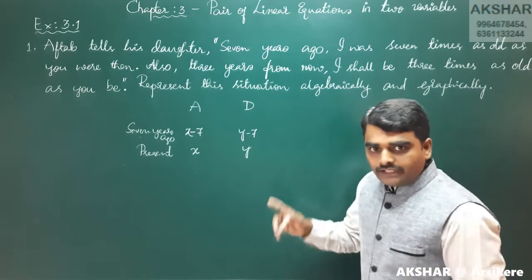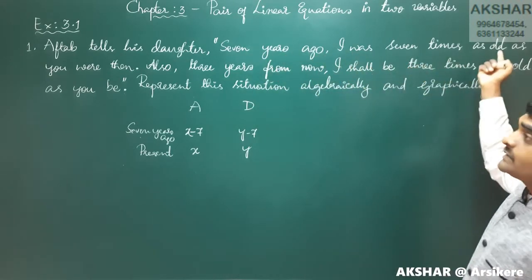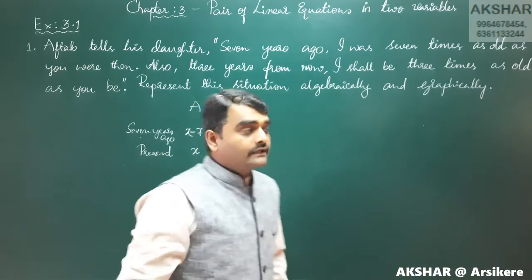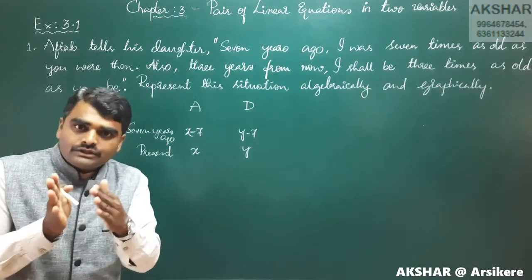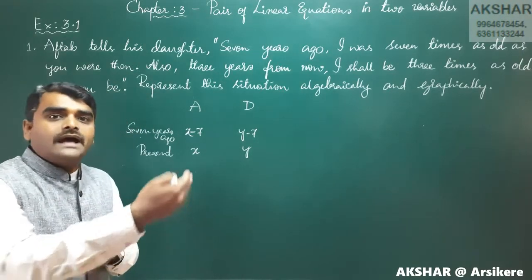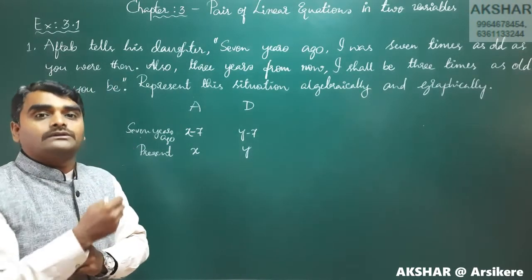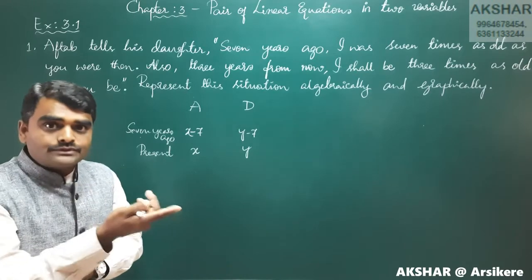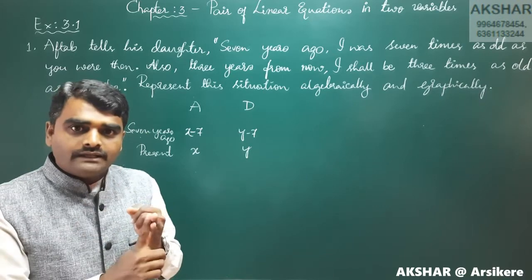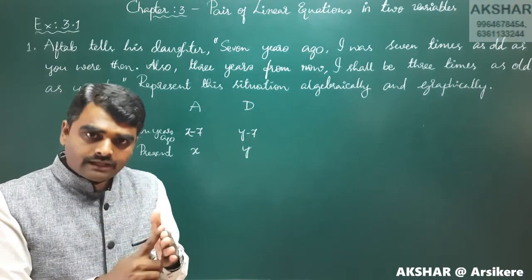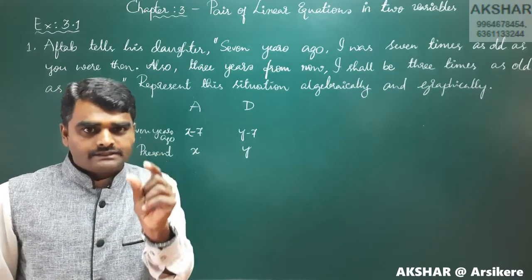Clear? Again, 7 years ago, I was 7 times as old as you were then. This is the continued statement: 7 years ago, the father's age was 7 times his daughter's age. Remember, my dear children, times, in the same way twice, thrice, 4 times, 5 times, 6 times, 7 times, indicate multiplication.